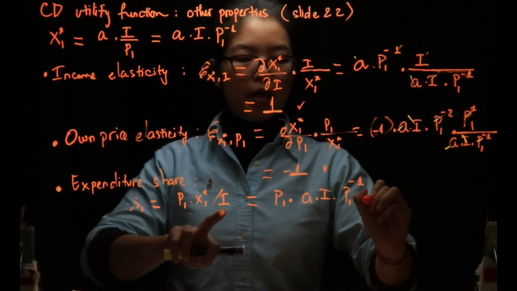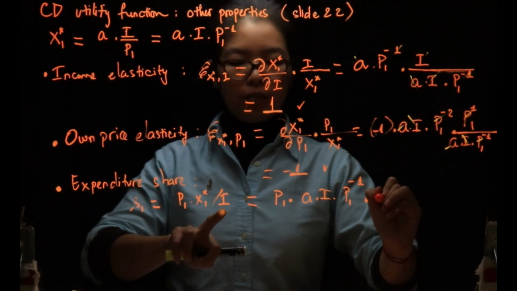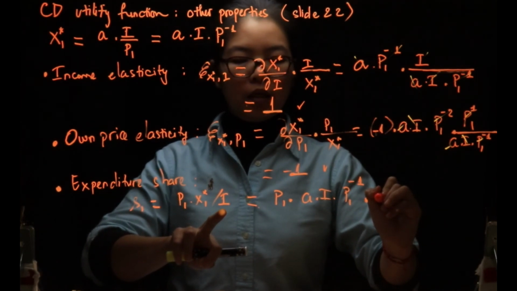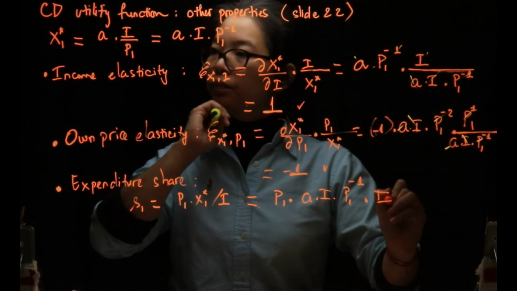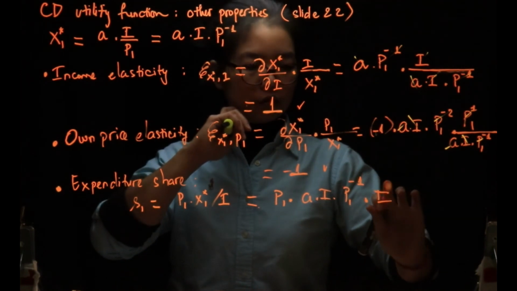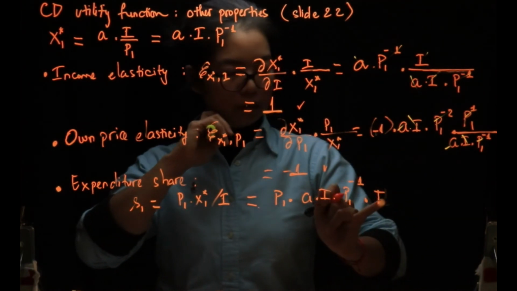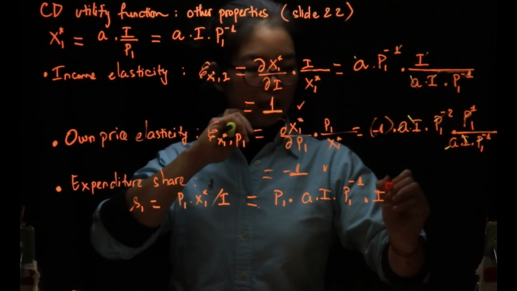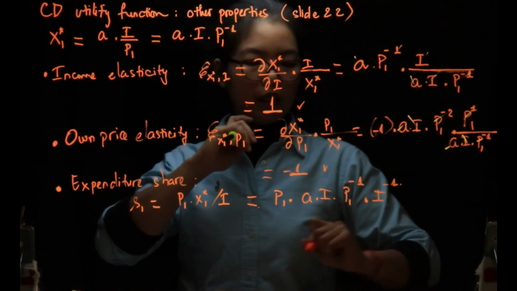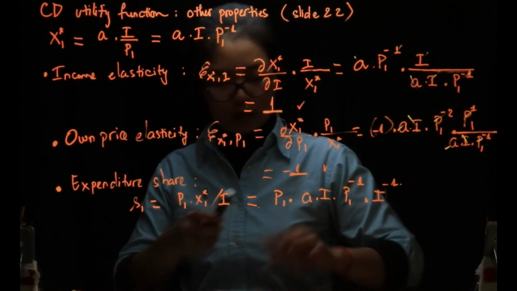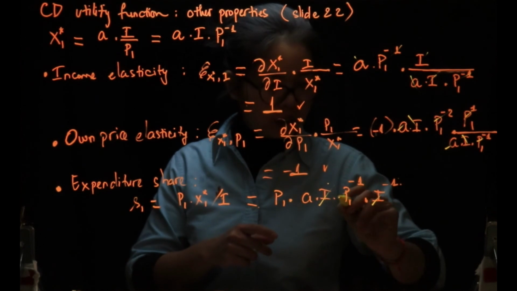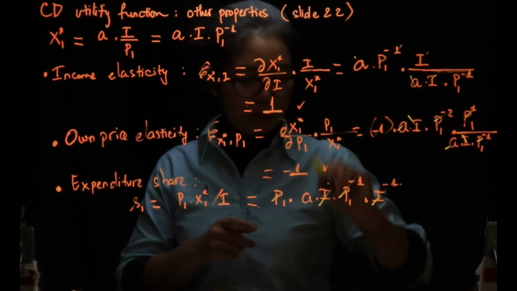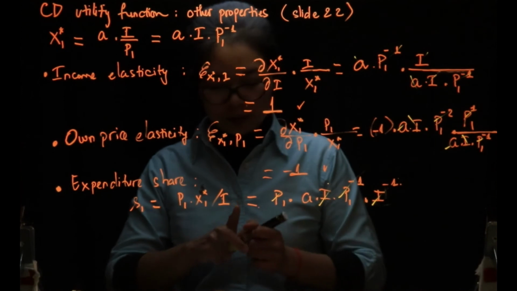And divided by I, which means times I to the power of minus 1, sorry, this is probably too ugly. So now, simplify again: I to the power of 1 and minus 1 is gone, P to the power of minus 1 and P to the power of 1 gone.